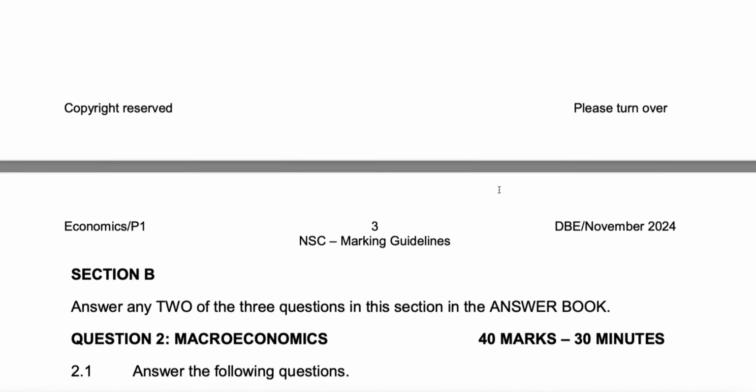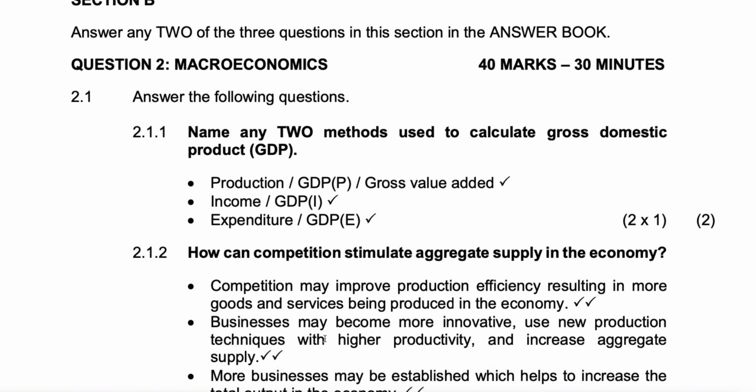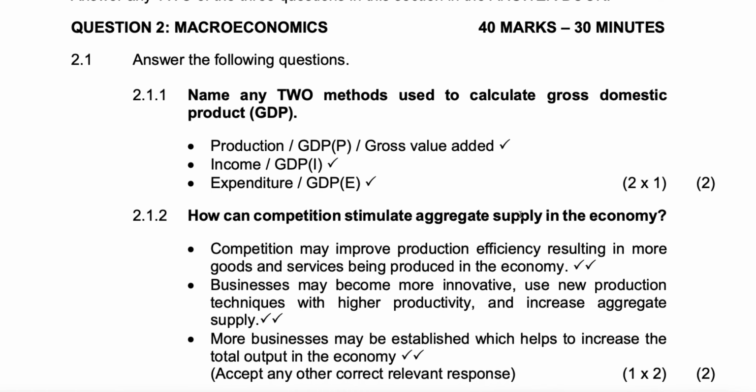Let's have a look. So we have the production method, the income method, and expenditure. That's it. And then the stimulation of aggregate supply by competition. Competition may improve production efficiency, resulting in more goods and services being produced. Yes. So efficiency would make more goods to be produced.